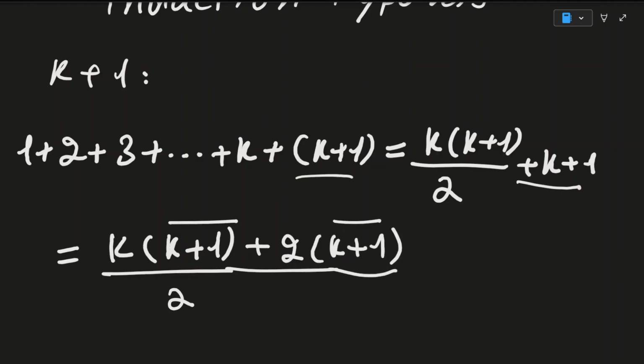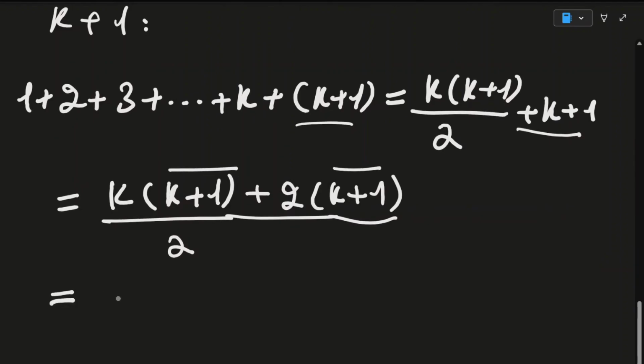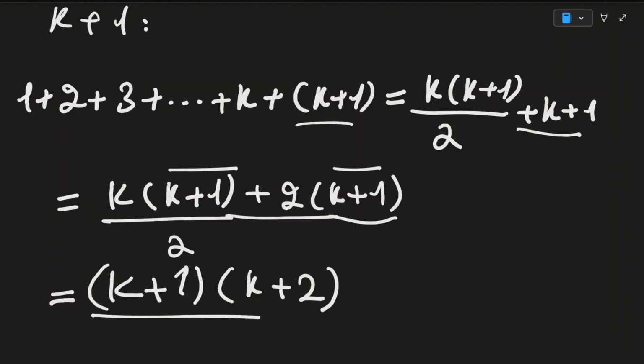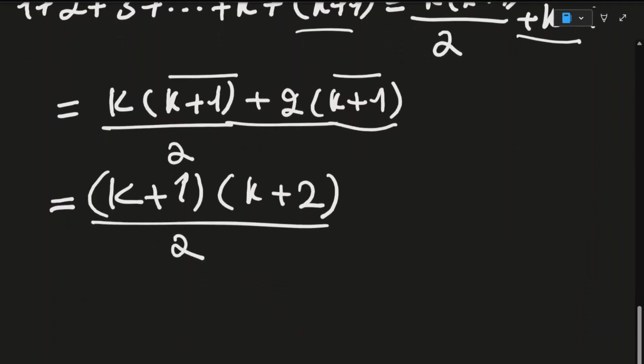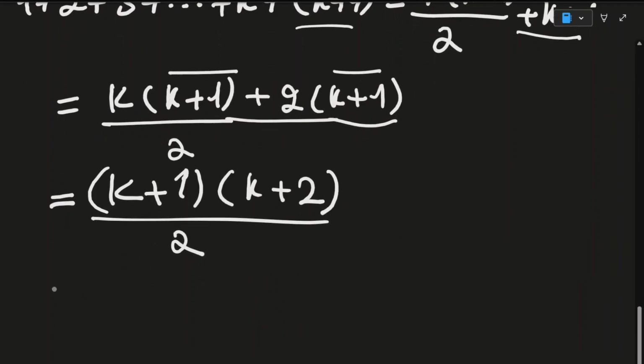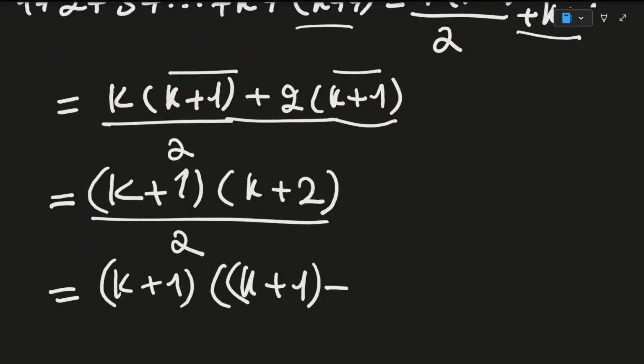So this is the same. We can take this as common. We can write k plus 1 into k plus 2 divided by 2. So k plus 1 into k plus 1 plus 1 divided by 2.